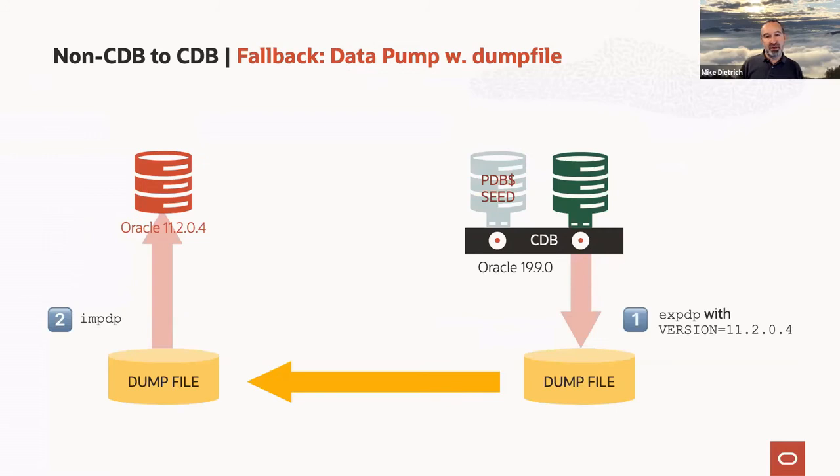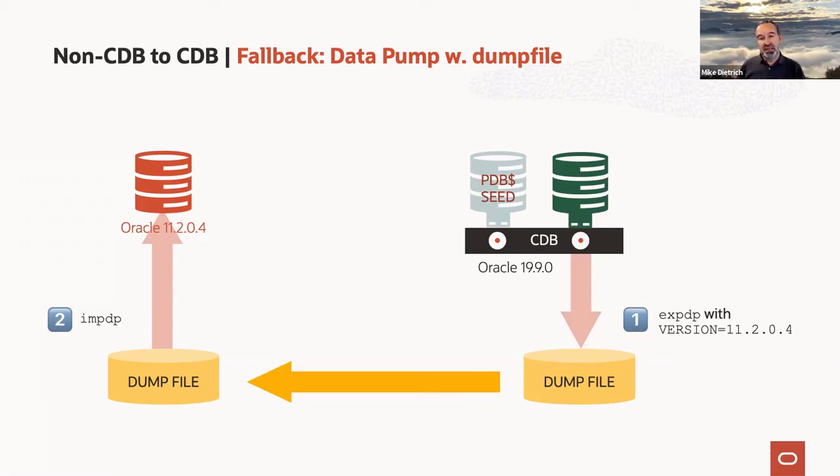If you want to fall back from multitenant, then this is the typical fallback approach. You export from the PDB into a dump file, copy the dump file, you import into your old source version. You can't do this over database links, because Data Pump over database link again works only same or higher version, but never lower version, unfortunately.